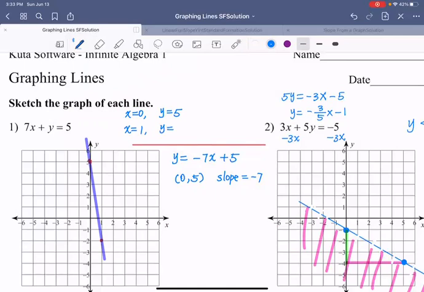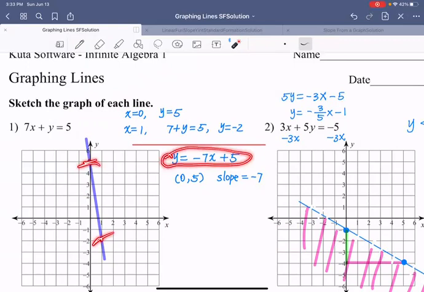Very good, because 7 plus y equals 5. So here, this point, and here, this point, and you can connect. Without converting to slope-intercept form, we can still draw the graph easily by putting the 2 points here and connecting them.